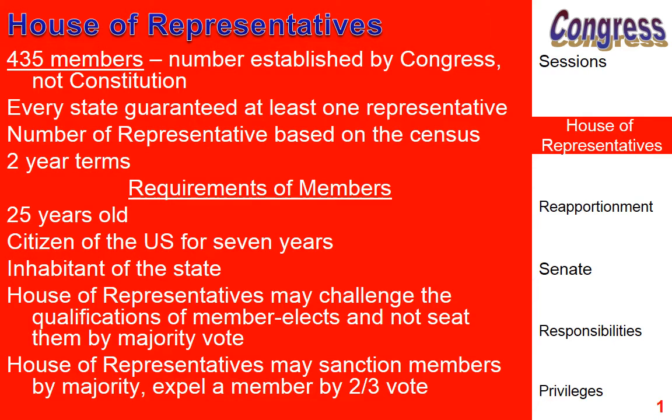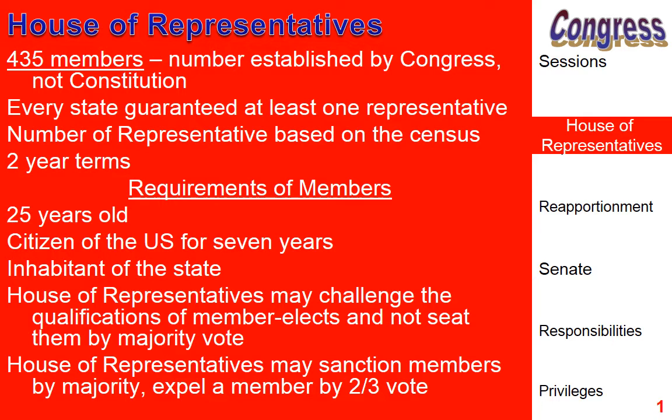However, when we get to the 1920s, Congress was having a hard time getting everyone an opportunity to talk and to participate. They had 435 people, and it was becoming unwieldy. So they made the decision that the House of Representatives would only have 435 people.